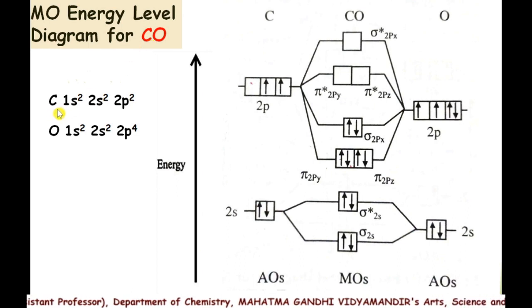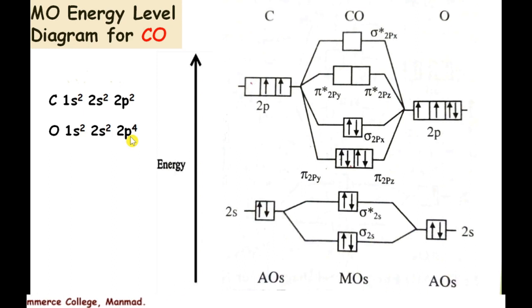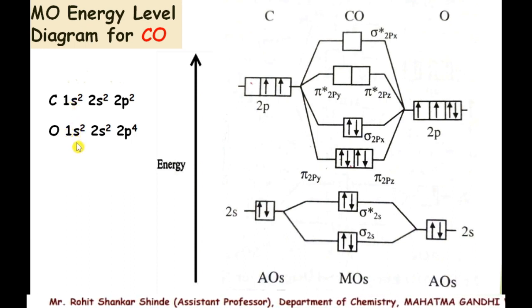Carbon possesses electronic configuration 1s2, 2s2 and 2p2, while oxygen has electronic configuration 1s2, 2s2 and 2p4. Here the 1s2 orbitals of both carbon and oxygen are inner 1s orbitals, and that's why these electrons of carbon and oxygen do not take part in bonding and they remain non-bonding.